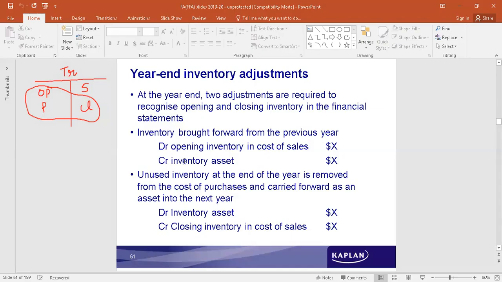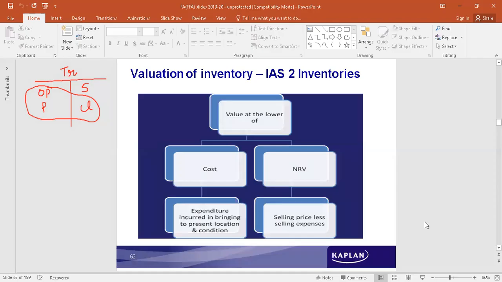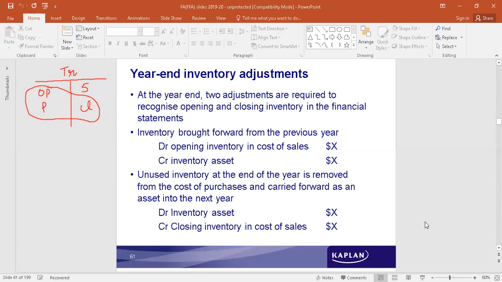Whatever inventory asset was credited on account of the total cost, that is the opening stock plus purchases, from that this closing inventory is deducted to know the cost of the inventory that was sold during the year. That is how inventory is accounted for.